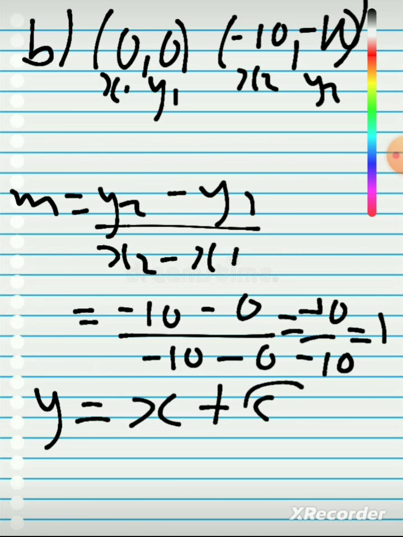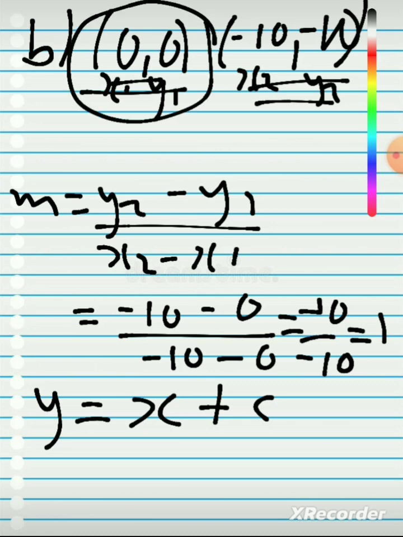The next job is to find c. I'm going to use the first method, meaning that we just have to pick anything between this and this. I advise you pick something with zeros. Zeros make life easier. So where there's y, we put a 0. Where there's x, we put a 0, plus c. So 0 plus c, it's c.